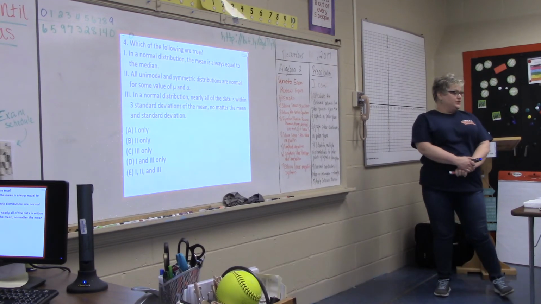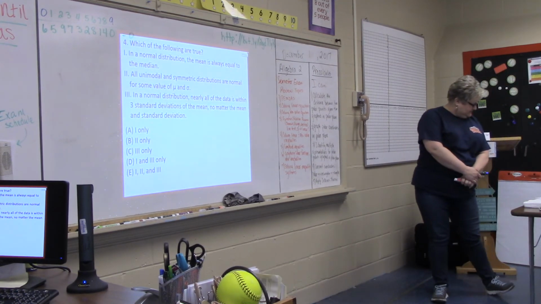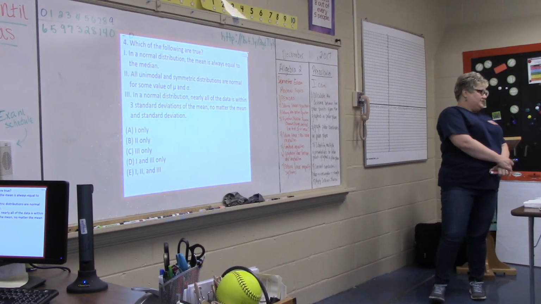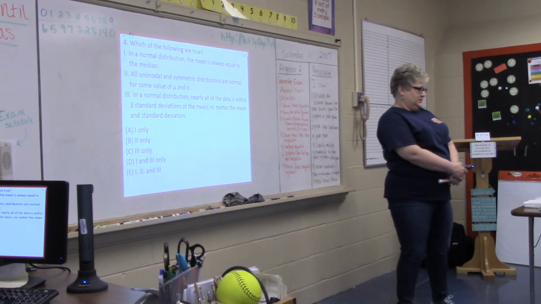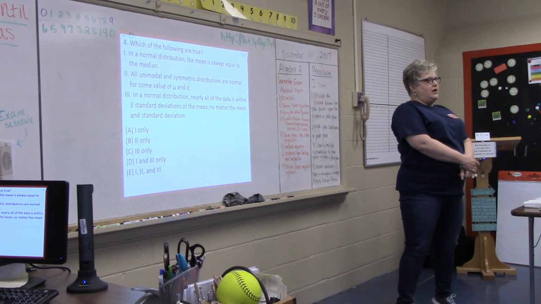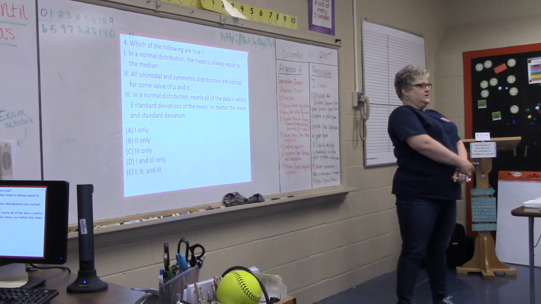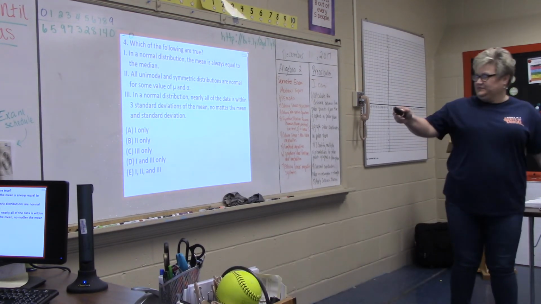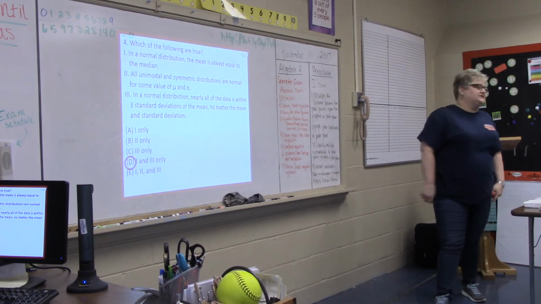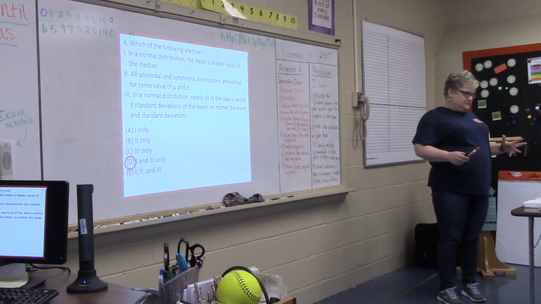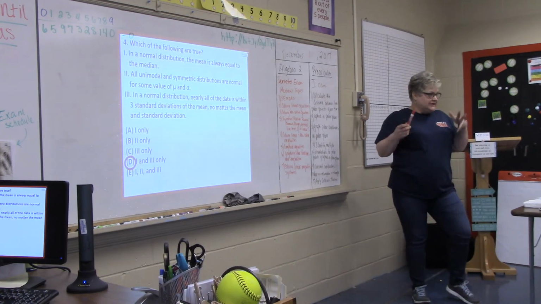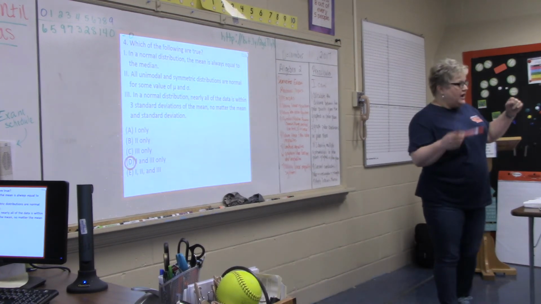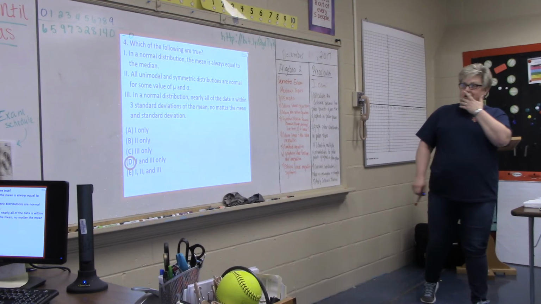So what else is true all the time? 3. 3 is true all the time. So our question then is about 2. Is 2 true all the time? No, it's not. Because not all symmetric distributions are normal models. Now, normal models are symmetric, yes, but not all symmetric distributions are normal.